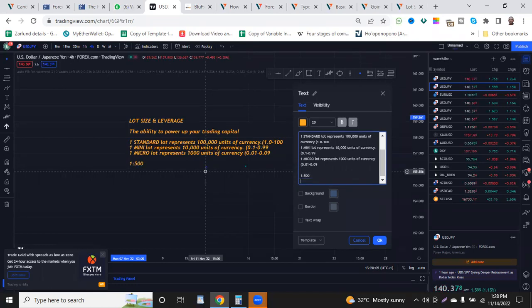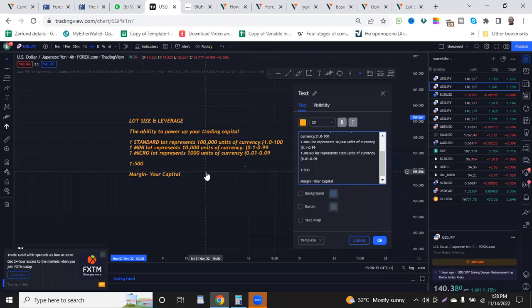What this means is what I explained earlier, the ability to power up your trading capital: you can deposit a small amount called margin. The amount you deposit, your capital, is called margin.